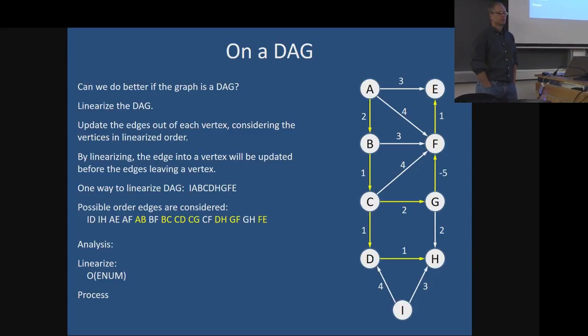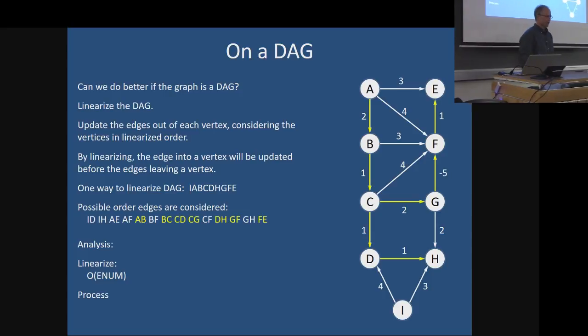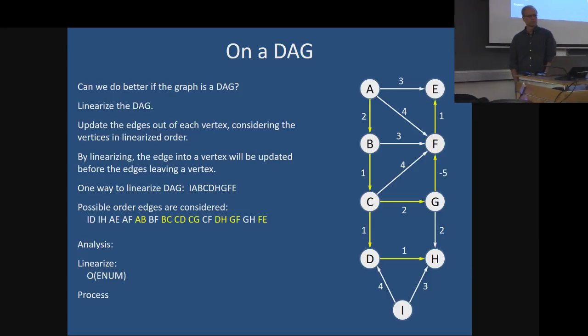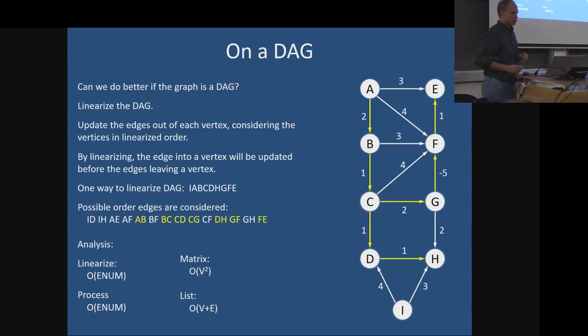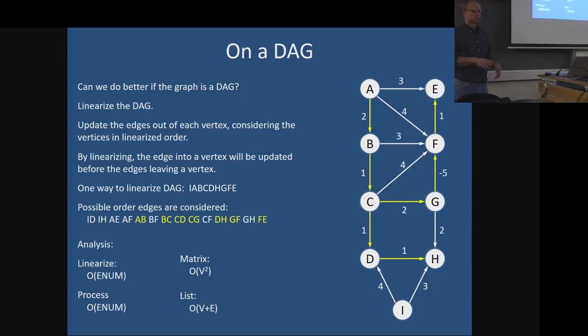Constant times E. You've got to update each edge, which is constant time, but you've got to find the edges. So that's the cost of enumerating. So that step is also the cost of enumerating. So in a matrix, this DAG algorithm is V squared, linear time, and on the list it's just proportional to the cost of consuming the data structure.